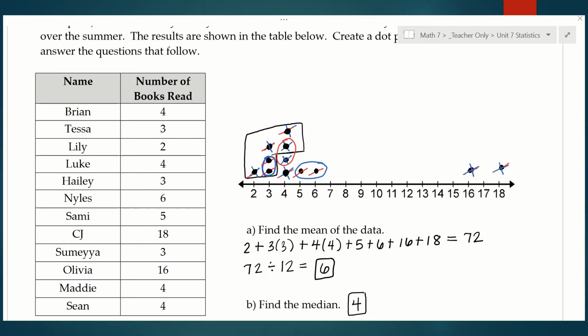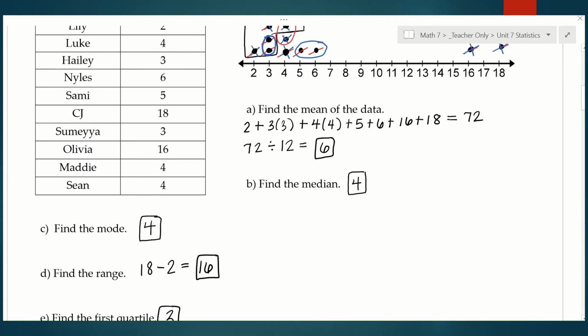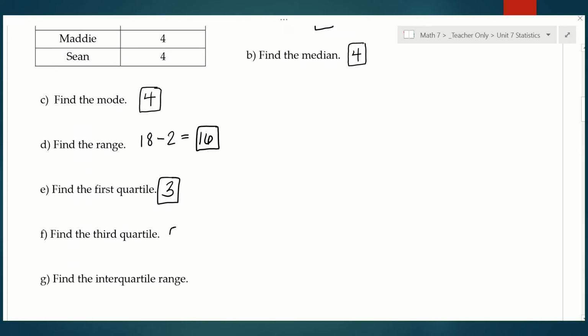So to find the median, I would find the middle of 5 and 6, which we could do by adding 5 plus 6, which is 11, and dividing by 2. Or you could know that between 5 and 6 is 5.5. So our third quartile is 5.5.